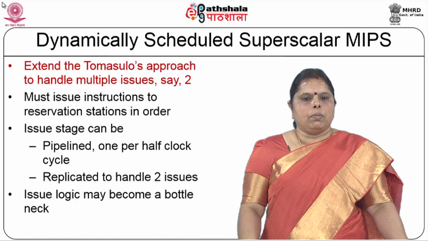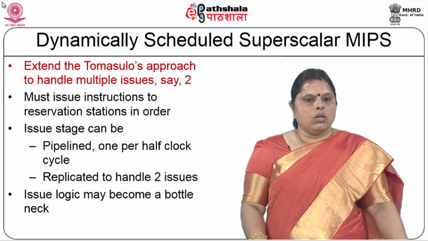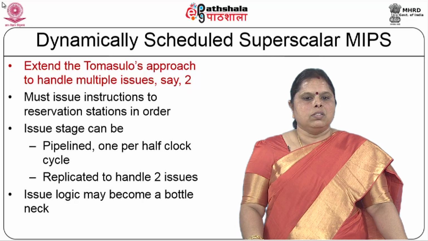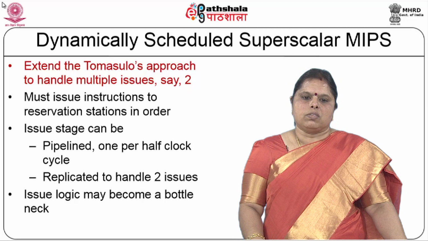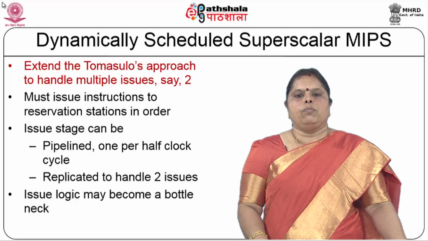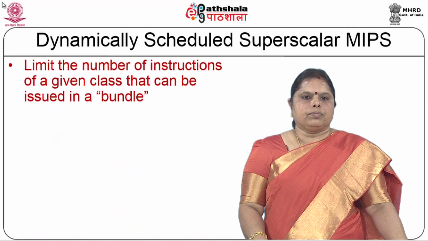The issue logic may become a bottleneck because you have to issue multiple instructions, and it can either be pipelined or replicated. As you increase the number of instructions that can be issued, this issue logic will obviously become a bottleneck.